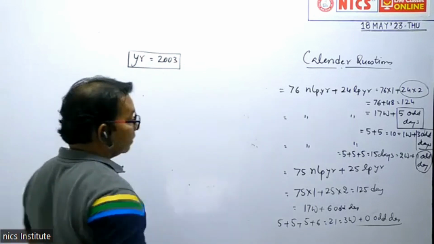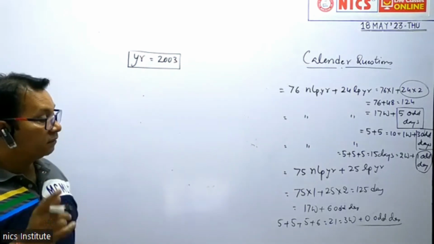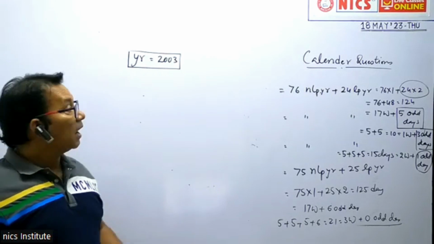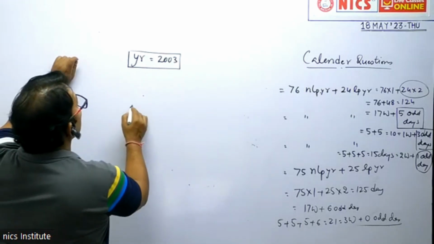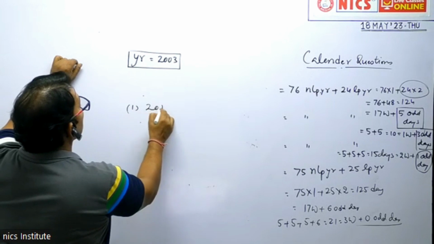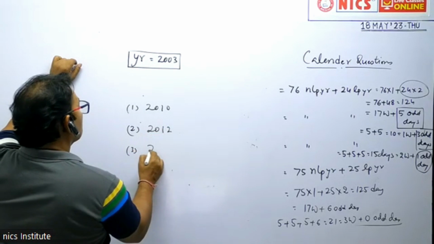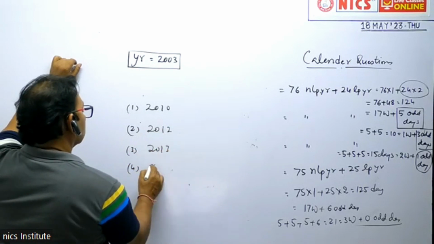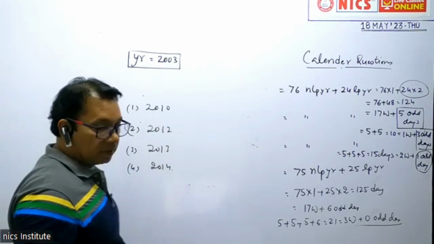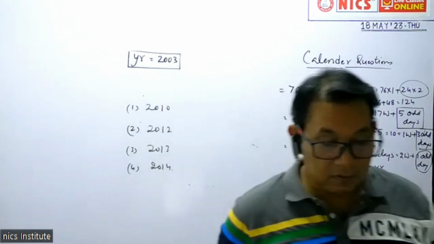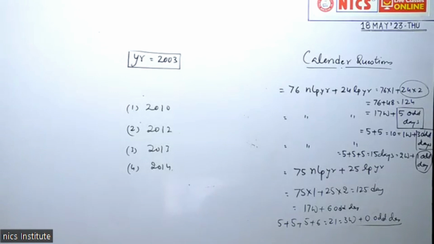Now, which year could have the same calendar as that of the year 2003? Answer this. We have the calendar of 2003. Which year would have the same calendar as that of the year 2003? Answer this.